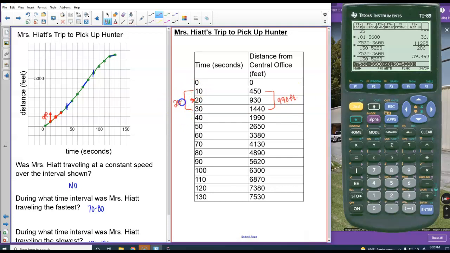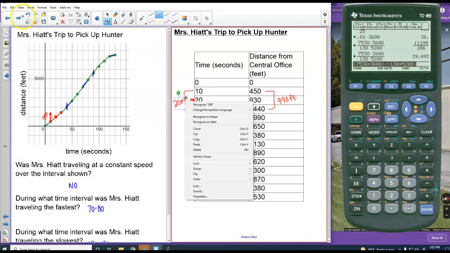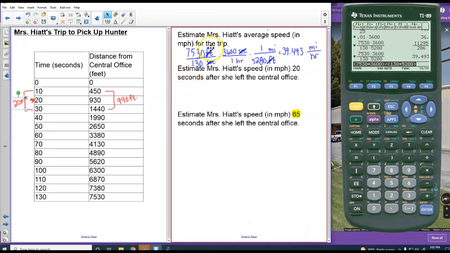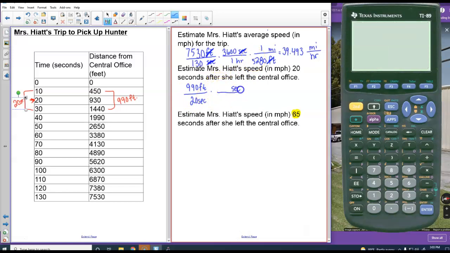20. So let me flip back over here. So let's do 990 feet divided by 20 seconds. We got to convert here also, so we got seconds on top, hours on bottom, and then we've got 1 mile, 5,280 feet.